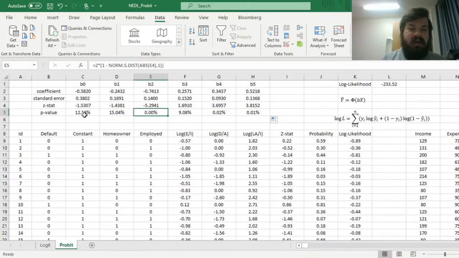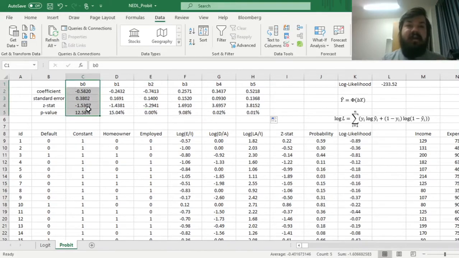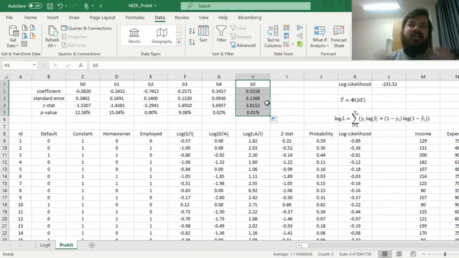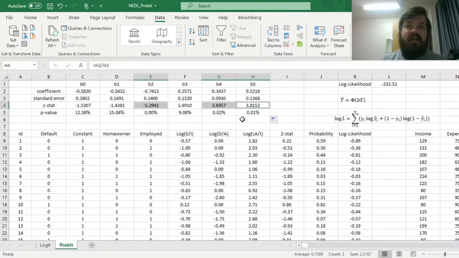And here we see that the constant is insignificant, which is not something we are entirely focused on, but the home ownership coefficient is insignificant, and that makes a difference, as we cannot reliably assume that home ownership is a decisive factor in determining probabilities of default, while these three factors, that is, being full-time employed, being leveraged, and having a high loan amount corresponding to the income, are the most significant, all three having z-stats higher than 3 in terms of magnitude, and p-values of less than 1%, signaling for high statistical significance.